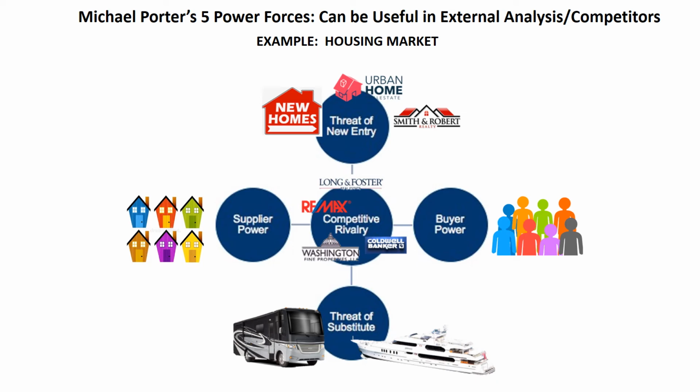For example, the housing market. If my client is Long & Foster in Washington, D.C., I will note that I have plenty of competition of rivals from firms like Coldwell Banker and Washington Fine Properties. I also might be somewhat leery of new entrants coming on the block like Urban Homes and Smith & Robert.